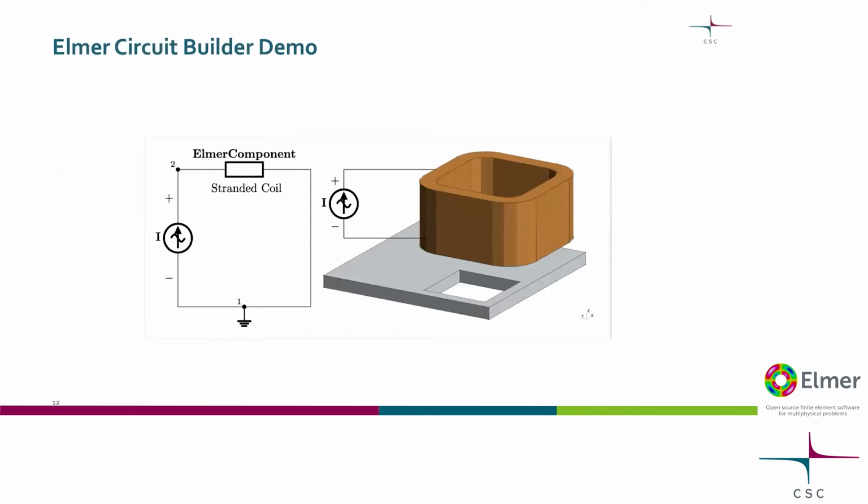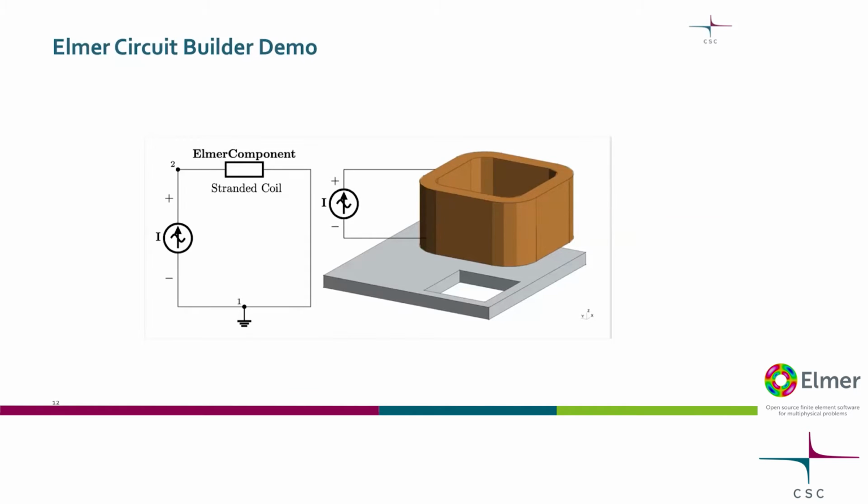So let's go through a demo so maybe you understand a little better. Here I have a quasi schematic again with a sinusoidal source going through a stranded coil. So basically it would describe this problem I'm looking at to the right. You have simply a source going through what I would call a closed coil, because we make a cut and then we add the discontinuity there.